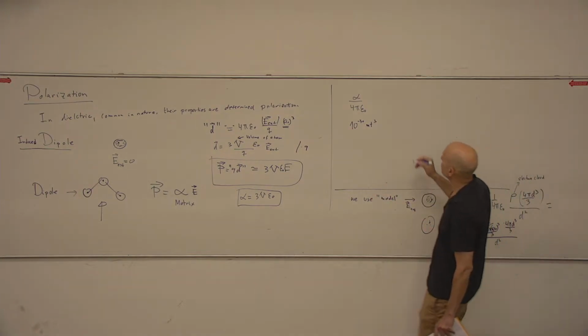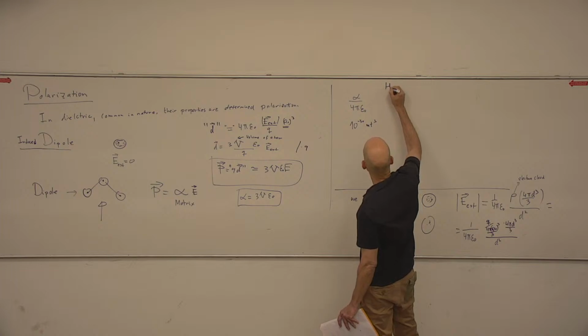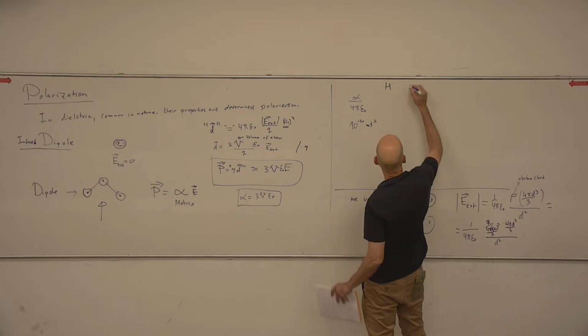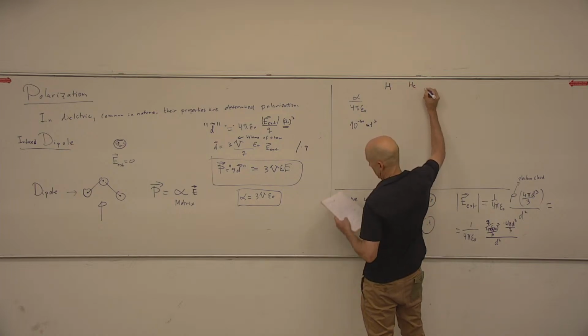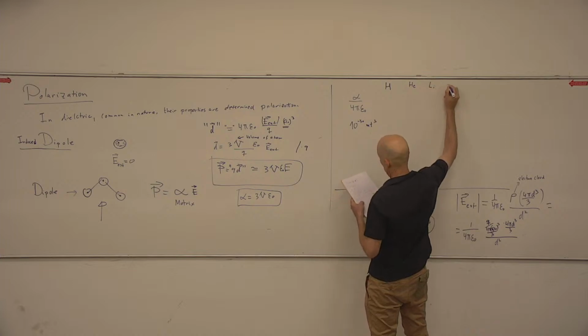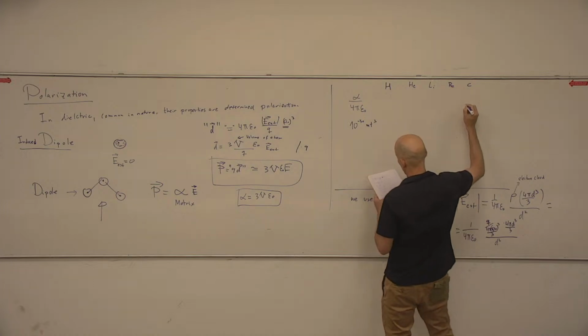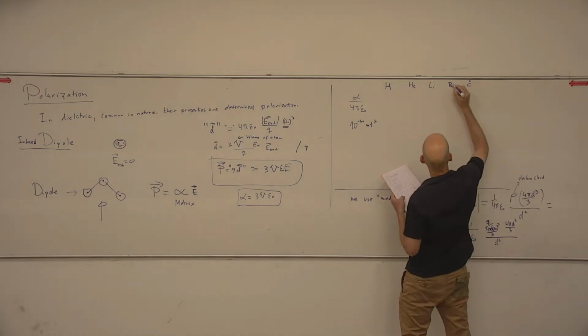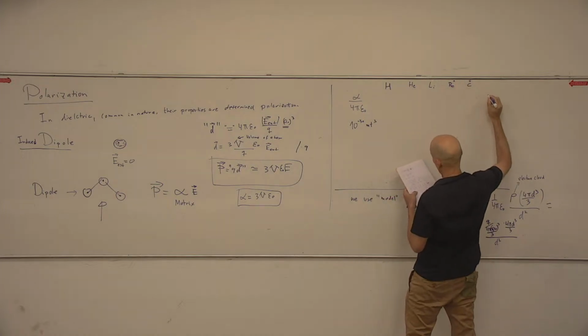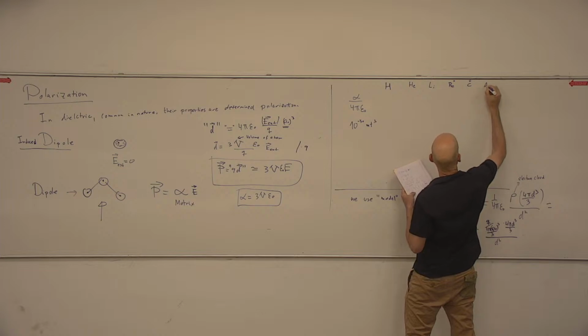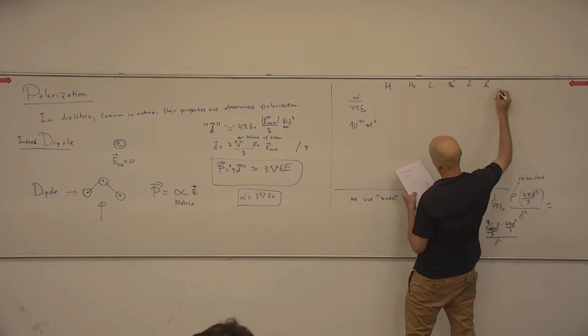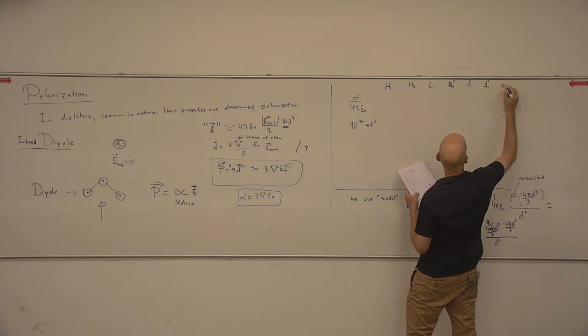And then we have different gases. So hydrogen, helium, lithium, beryllium, carbon. This is 6. This is 4. I'm skipping a few. Argon, 10. K. K is potassium.